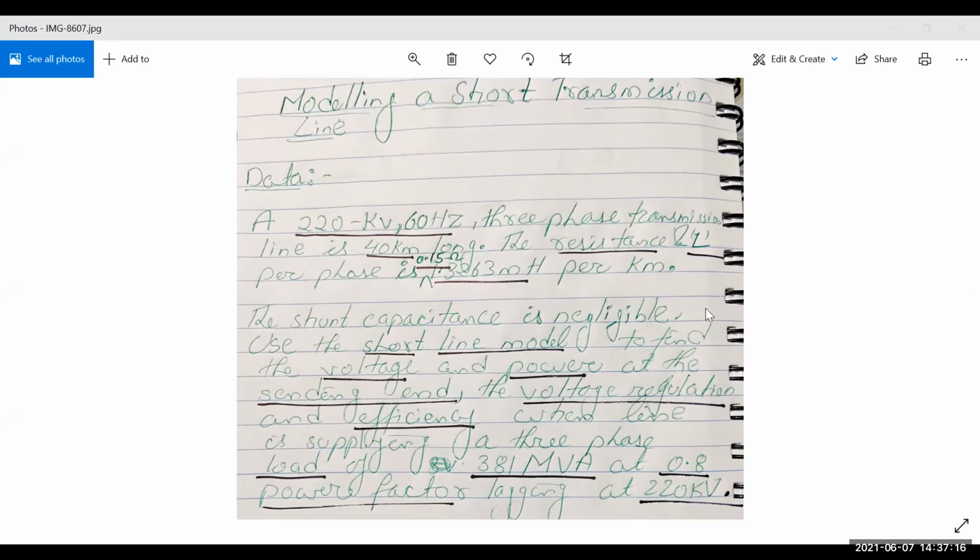Whatever data we get, we'll use in practice. You could solve even one question, and you could also see whether the same answer is reflected in the simulation or not. Sir has solved this one.